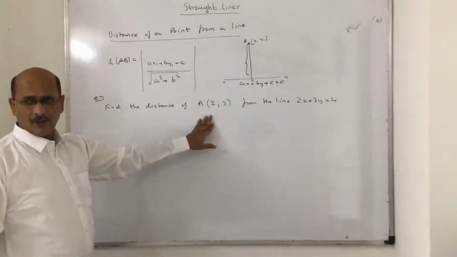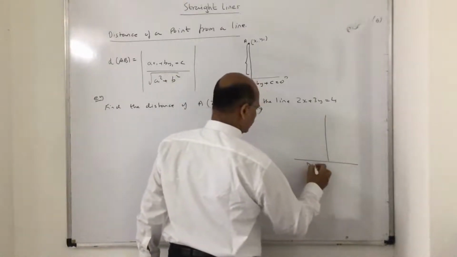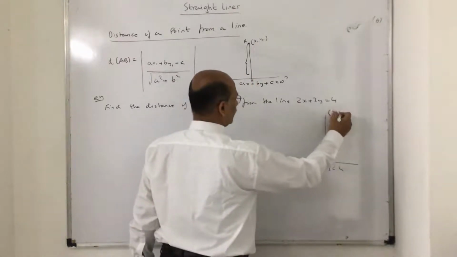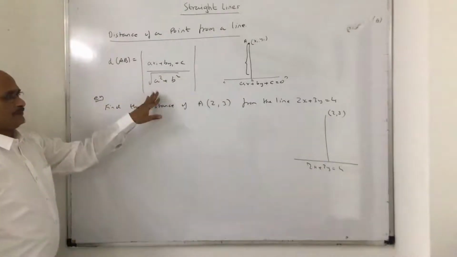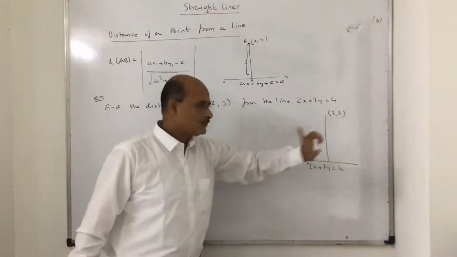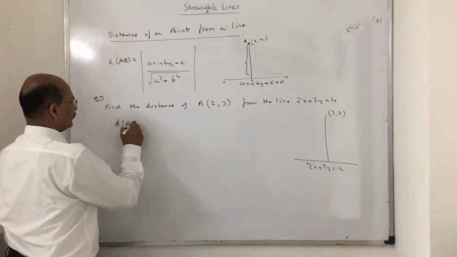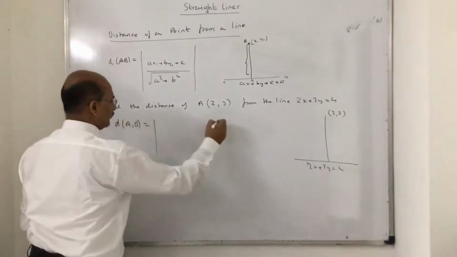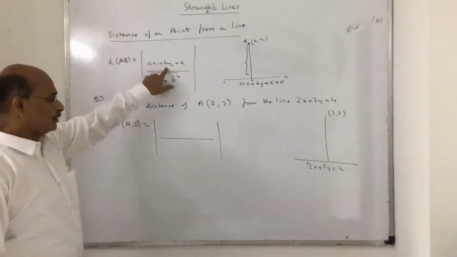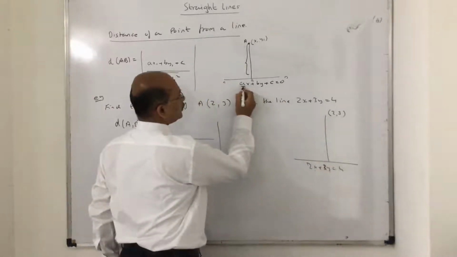So basically the line is given to you, that is 2x plus 3y is equal to 4, and this point is given as 2, 3. This 2, 3 is considered as x1 and y1. Keep that in mind. So if I use this formula, distance AB, modulus of A. Now remember, A and B are coefficients of x and y.